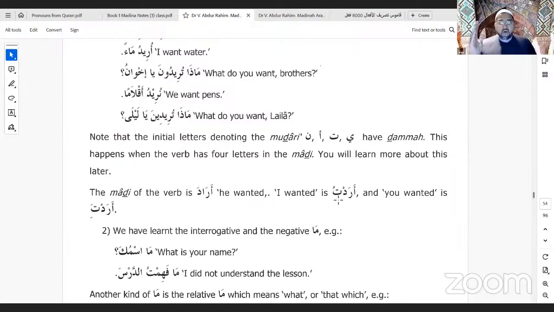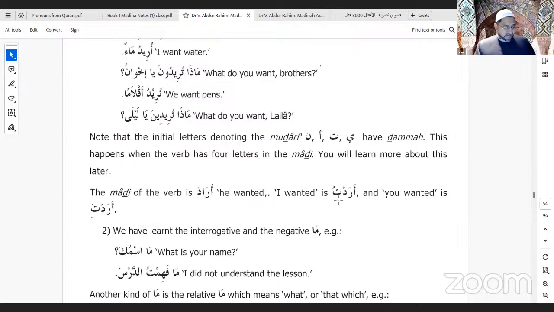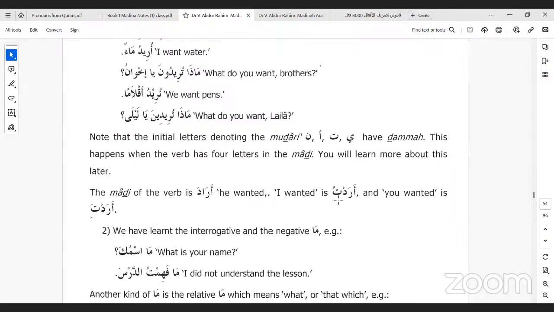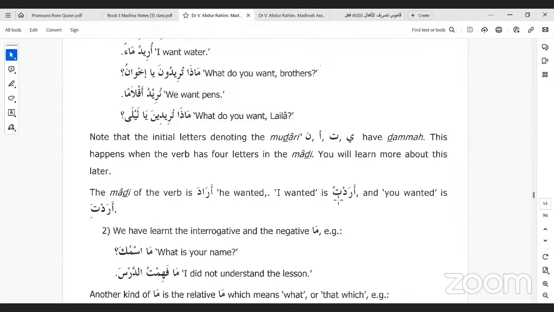Use the pronouns. Huwa arada, correct. Huma araduma. Arada, aradu, aradat, aradata, aradna.